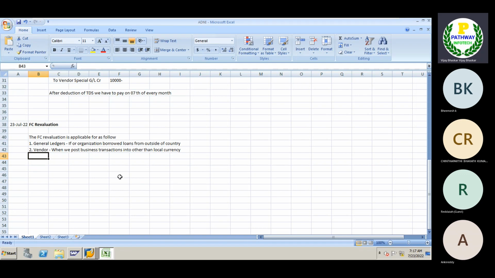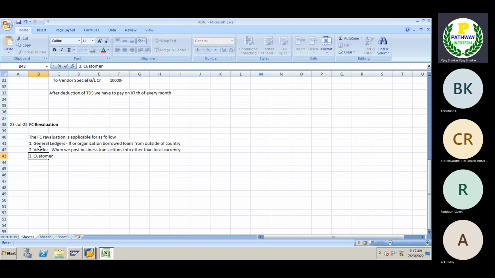It depends on the scenario. On this situation also, we must calculate the foreign currency revaluation, because at the time of payment, whatever it may be, advances or whatever, the transactions we post in other than local currency.